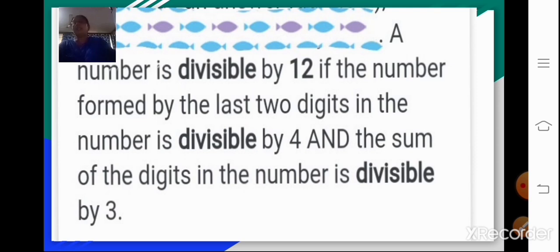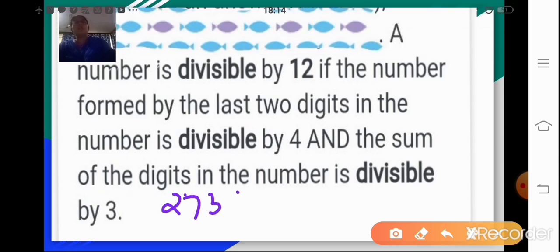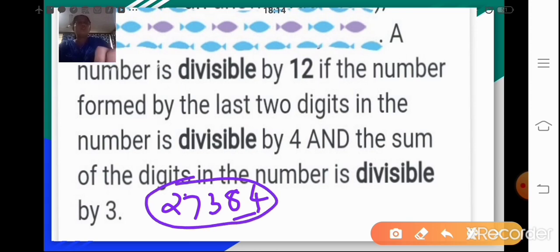Now suppose we take the number 27,384. Now 84 is easily divisible by 4, and so this number is also divisible by 4.